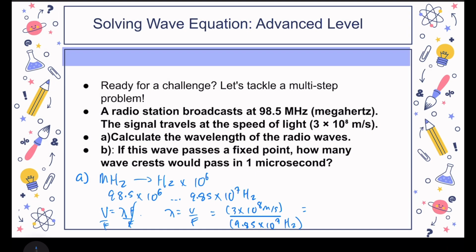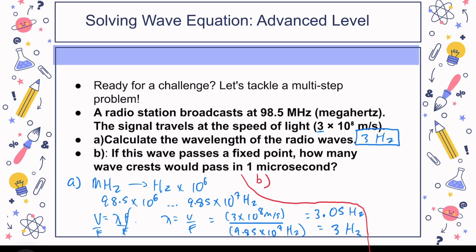And that gives me about 3.05 meters. And of course, based on what's given here, we want 1 significant digit. So we'll just say approximately 3 meters. And so that would be the answer to the first question over here.